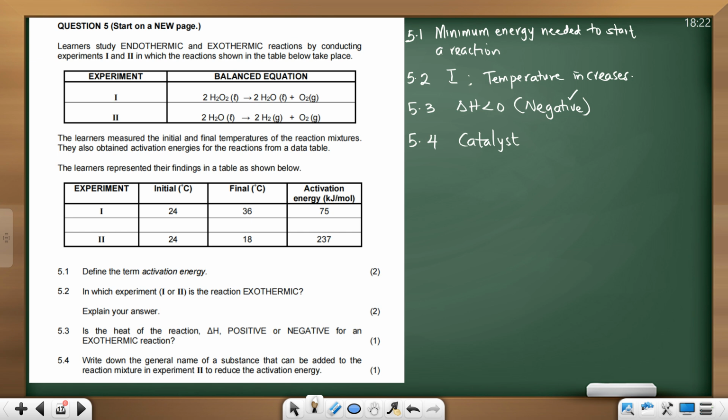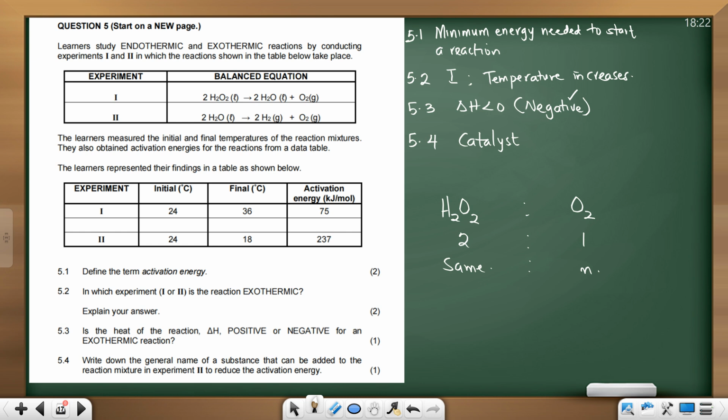If they produce the same number of moles, then we are using, if you look at hydrogen peroxide and oxygen, it's ratio 2:1. So if they produce the same number of moles, it means we are using the same thing here.